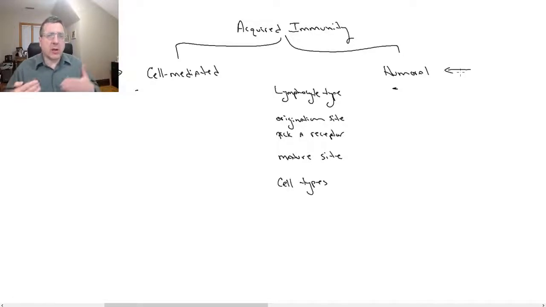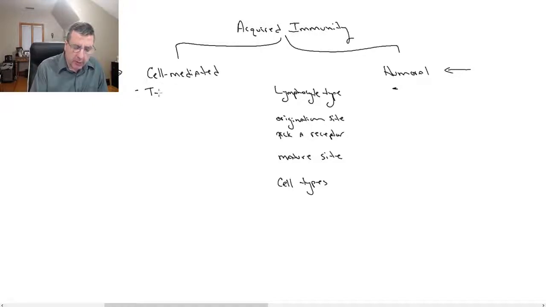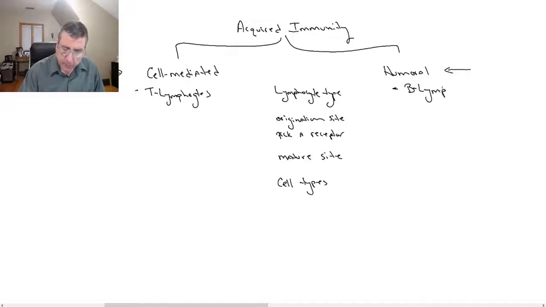Now, which cell type is associated with each? Cell-mediated are going to be T lymphocytes, and humoral is going to be B lymphocytes. The easiest way that I've remembered which one is which type of cell: humoral immunity, this is going to sound stupid, humoral immunity sounds like humor.